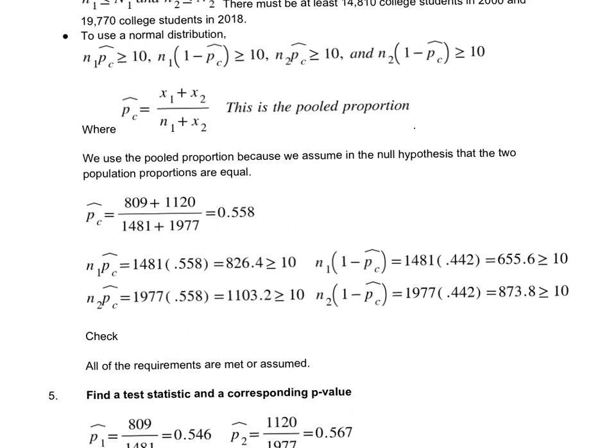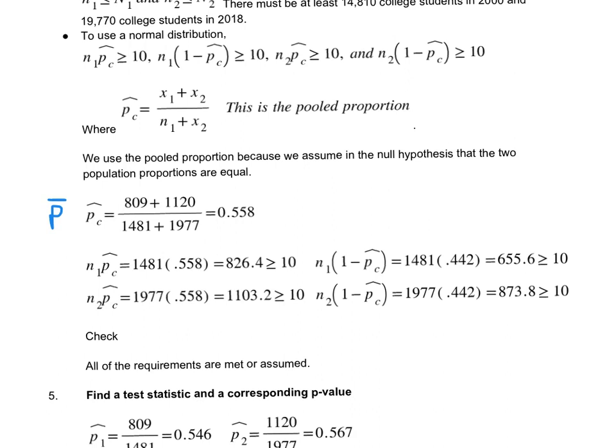AP uses the notation p sub c hat for combined sample proportions. Your book uses p bar. So I will put a little note there. This is also p bar. You might see it as p bar.